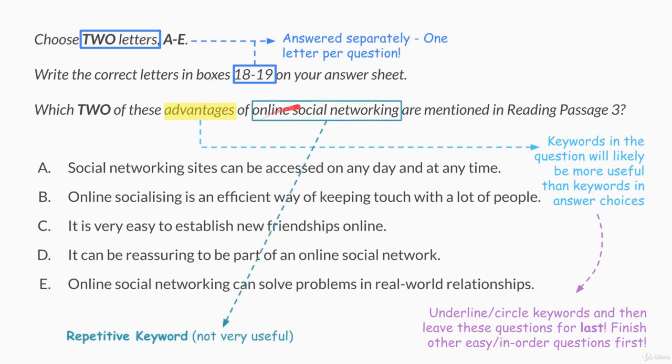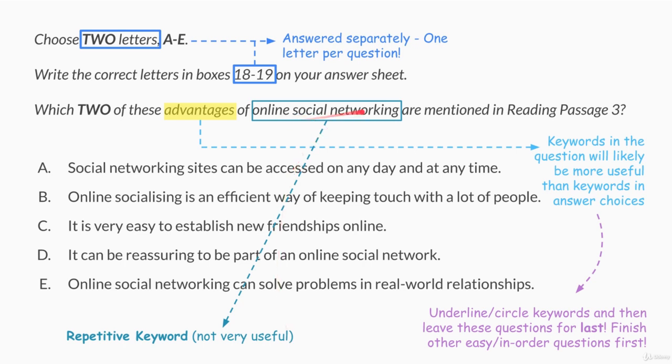Take note that some of these keywords are not going to be helpful. For example, this particular question comes from a reading passage that talks about online social networking. Well, if the whole reading passage is going to be about online social networking, then this keyword is not really going to help us. This is a repetitive keyword, so it's not very useful.